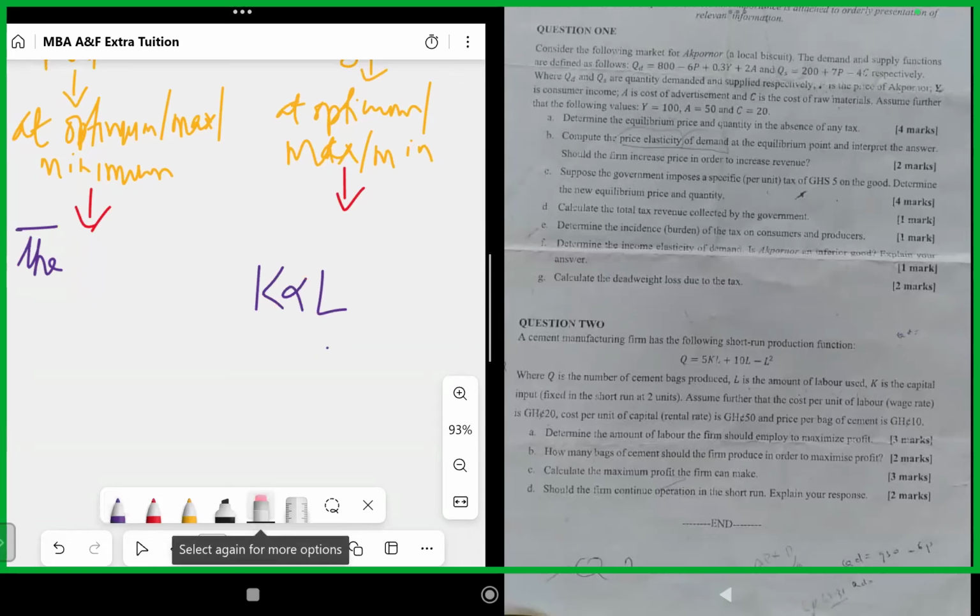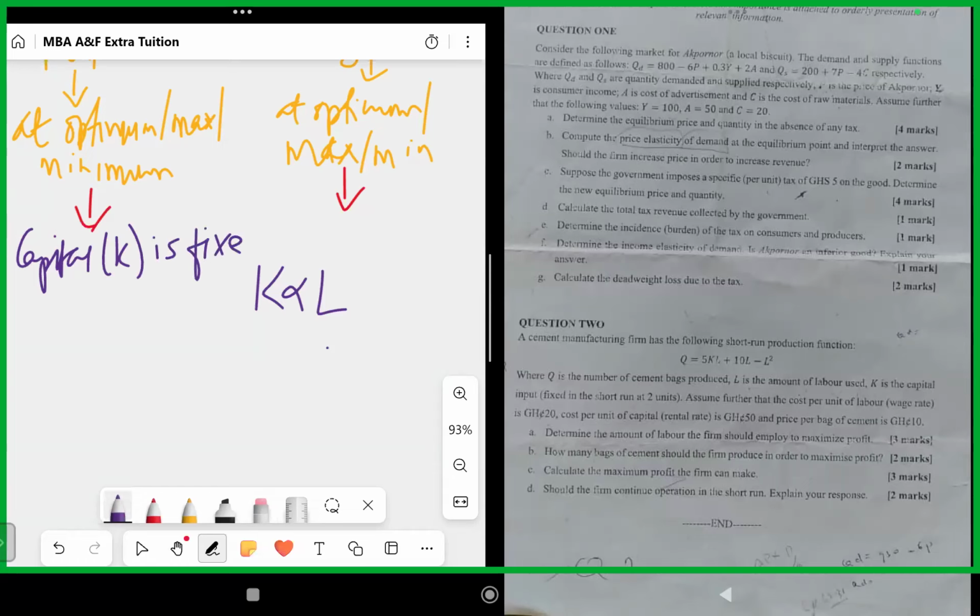So in the short run, capital, which is K, is fixed. When I say it is fixed, in brackets, at a number of units, that means it is fixed at a number of units.